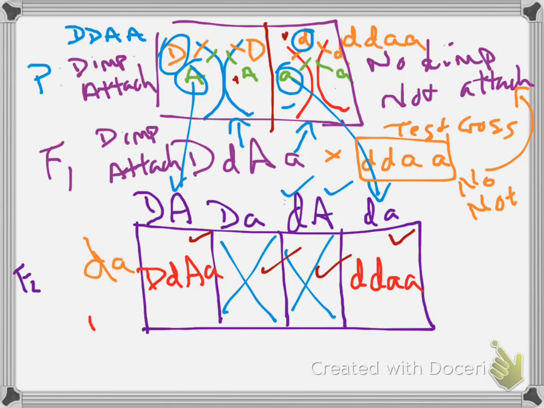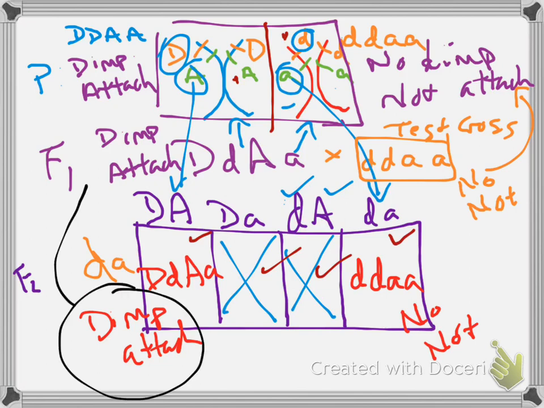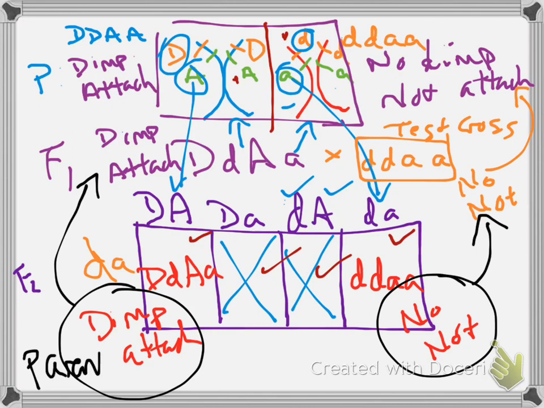Notice how this one is dimples, attached, and this one's no dimples and not attached. This one represents that parent, just like them, and this one is just like that parent. So these are called the parental phenotypes.